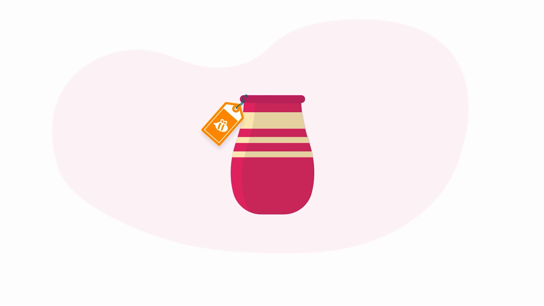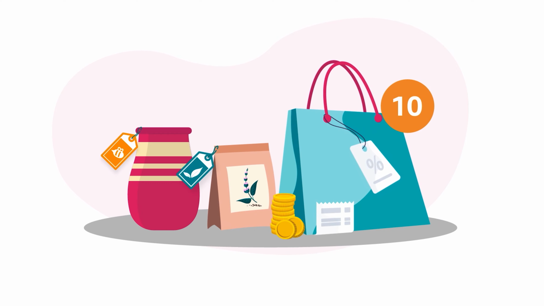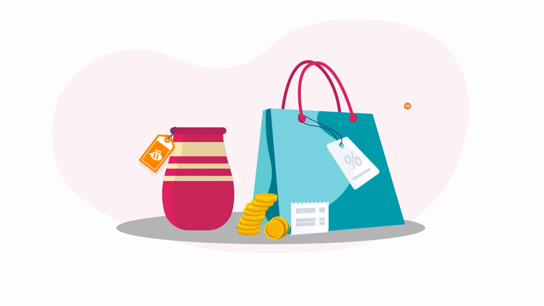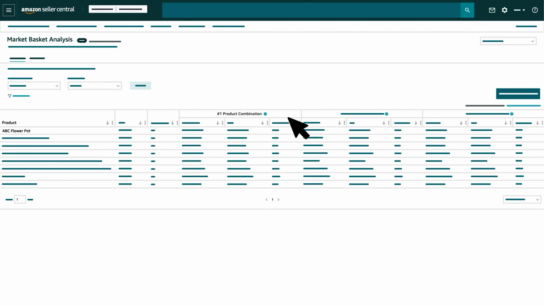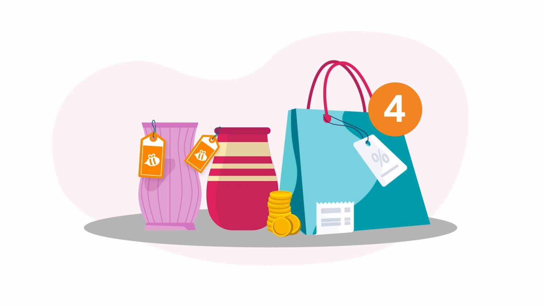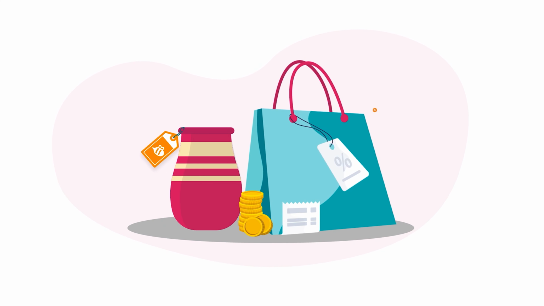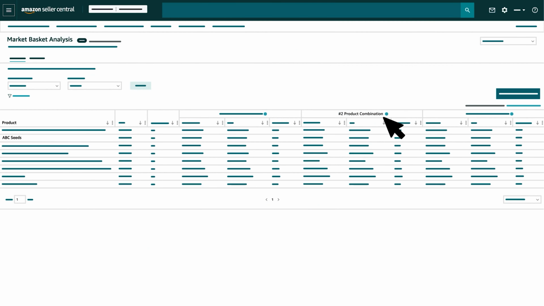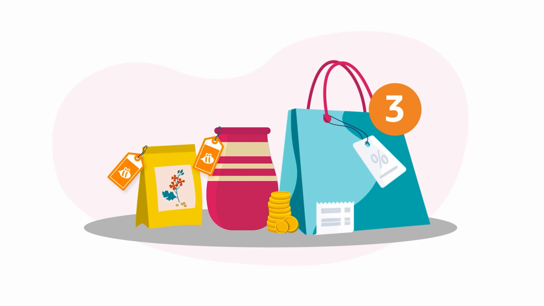For example, a flower pot that's part of your brand was purchased 10 times with one other product. It was purchased 4 times with the first product shown in the Market Basket Analysis Report, which is another flower pot that's part of your brand. It was purchased 3 times with the second product in the report, which is a pack of seeds that's also part of your brand.